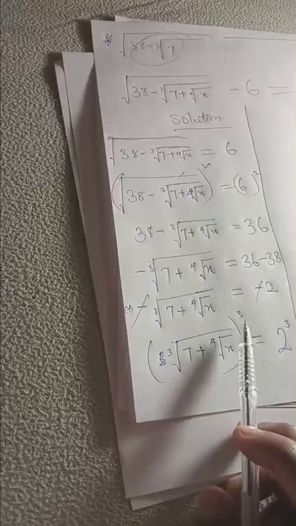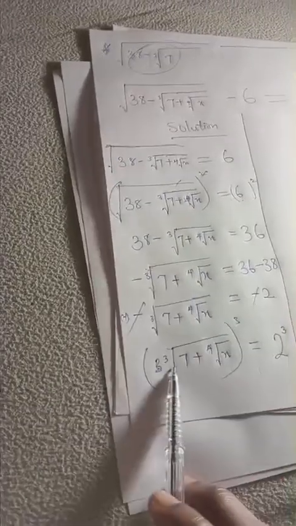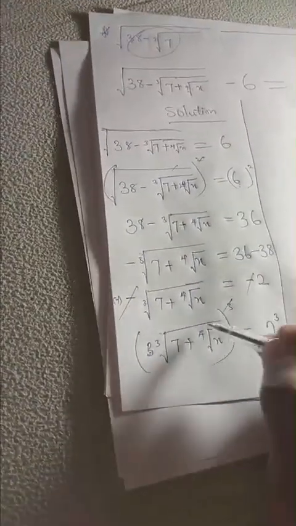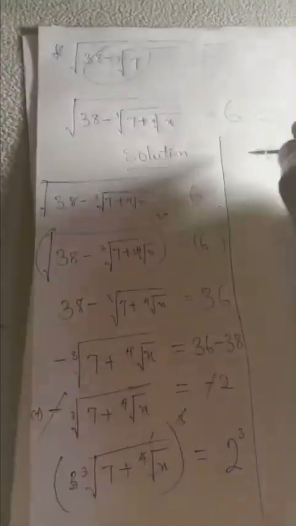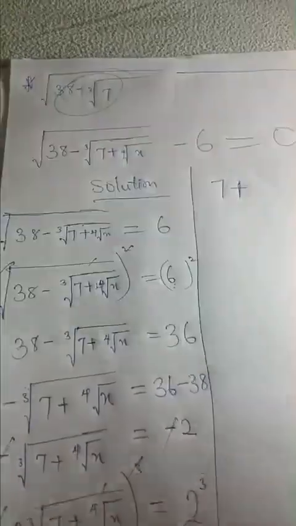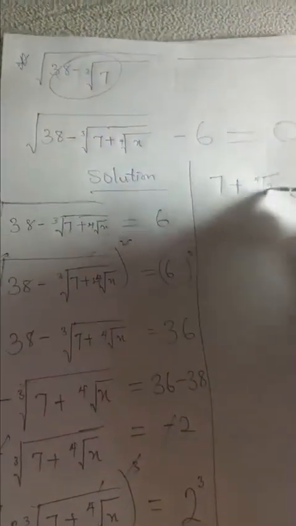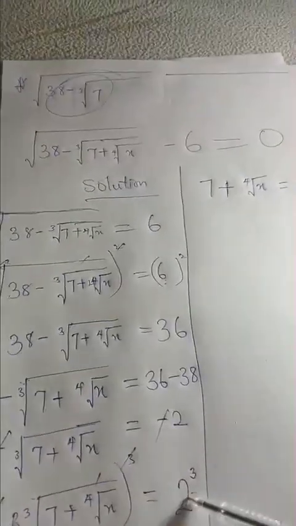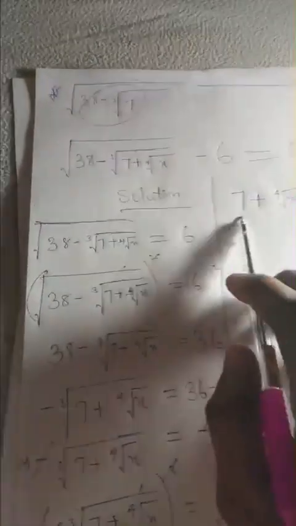That is, this will be cubed and this is also cubed. We are taking the cube of both sides so that the cube here will take care of the cube root here. Now we are left with 7 plus the fourth root of x equals, taking the cube of 2, which is 2 times 2 times 2, 8. So this is what we have left.